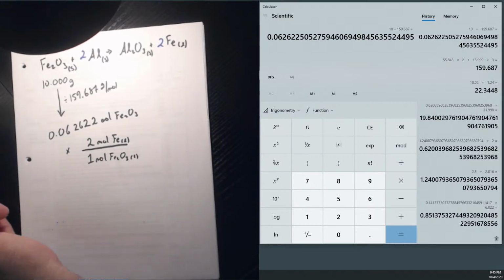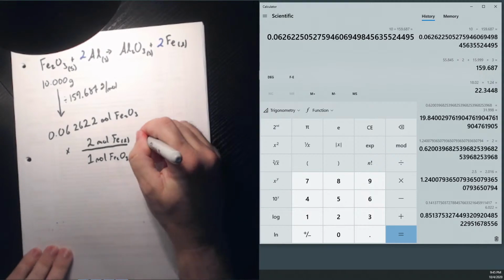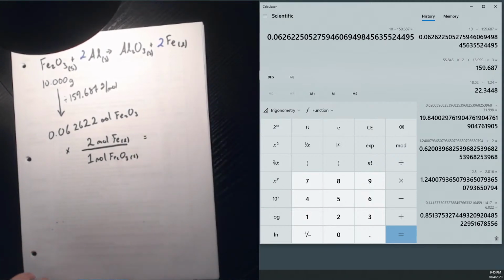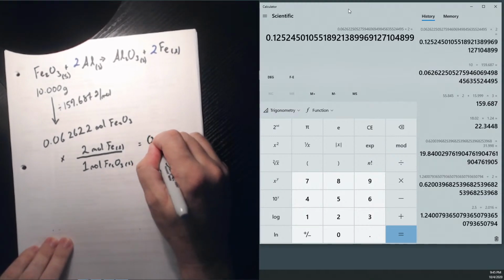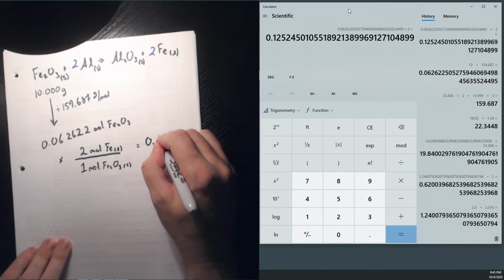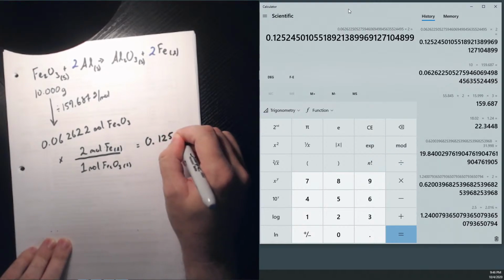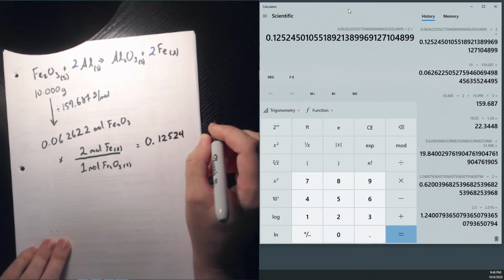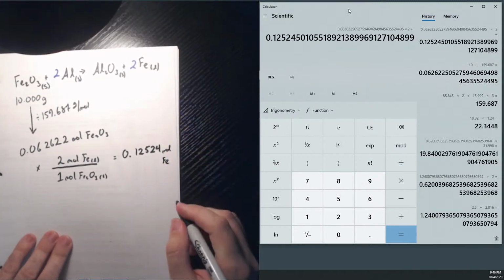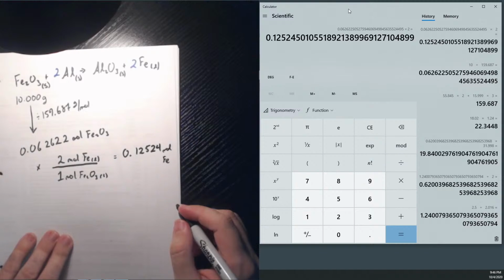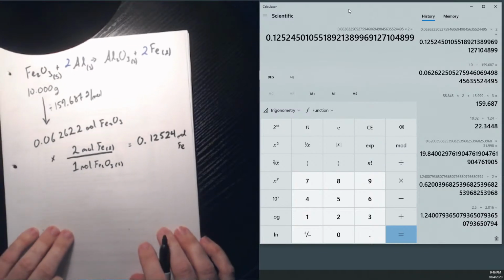You're just going to produce 2 moles of iron for every 1 mole of iron oxide because of the atoms and the way they're working. So we just come back here and we multiply this number by 2, which means that we're going to produce 0.12524 moles of iron. Okay.